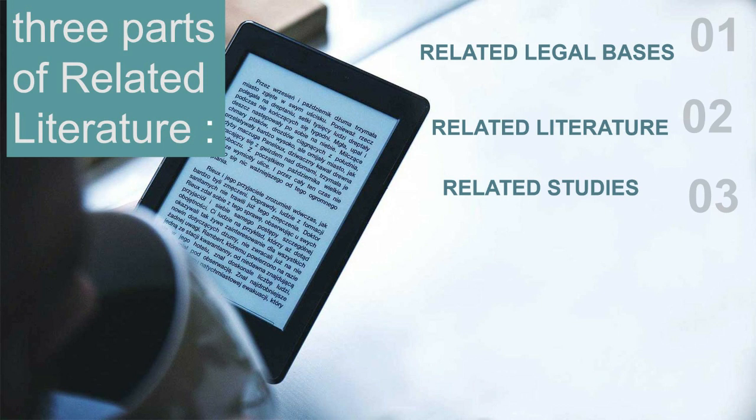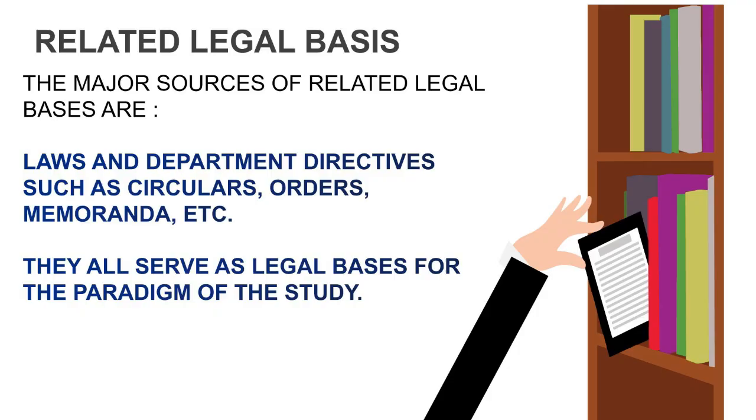These are the related legal basis, related literature, and related studies. The major sources of related legal basis are laws, department directives such as circulars, orders, memoranda, etc. They all serve as legal basis for the paradigm of the study.